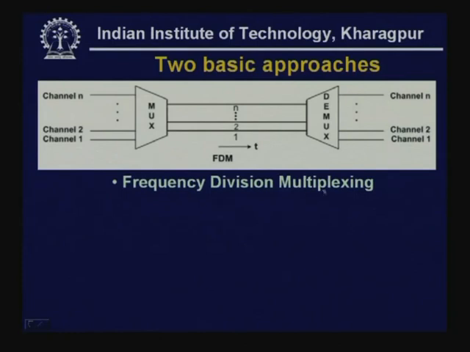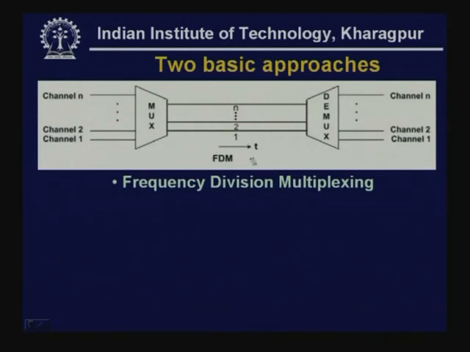In frequency division multiplexing, as we shall see, the signals coming from different channels are frequency translated to different frequencies, and that's how it is sent, as we shall discuss in detail. At the other end, the demultiplexer will receive the signals, and then separate out the channels using suitable devices. Here, as you can see, all are sent in parallel.